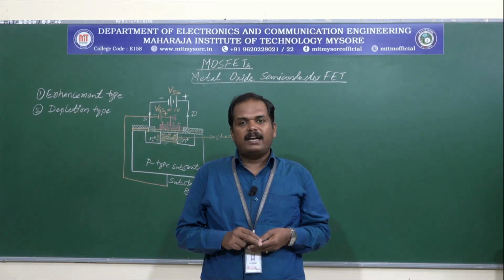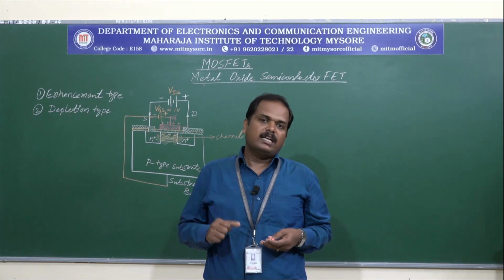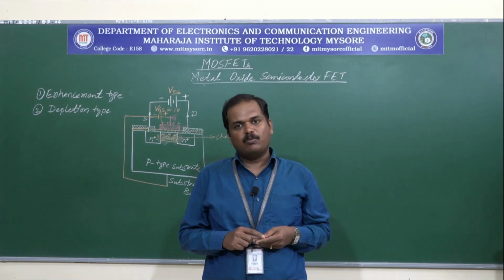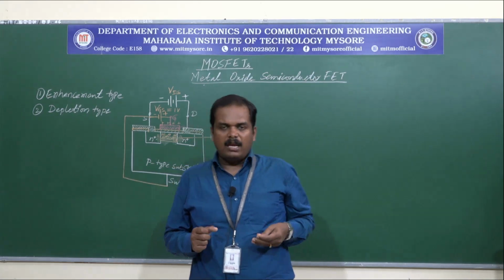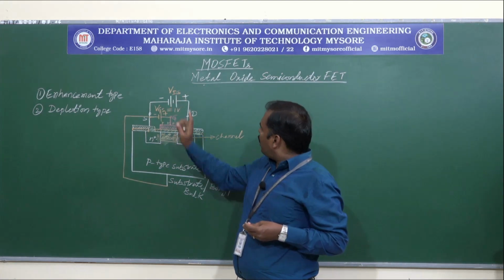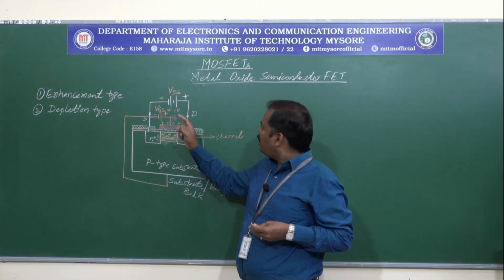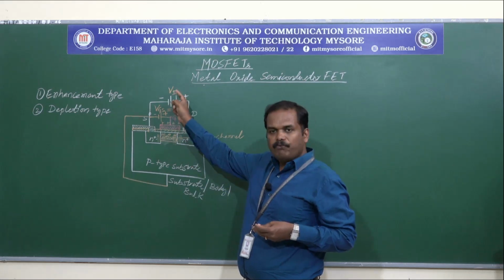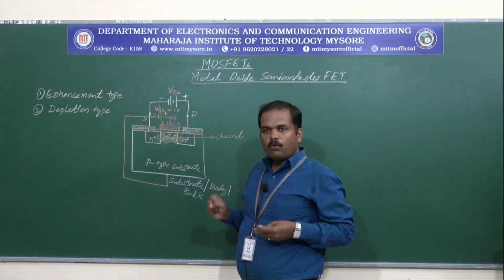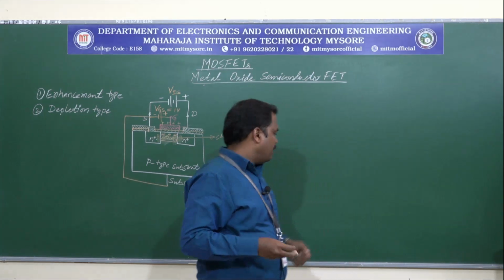And now we will understand the drain characteristics and transfer characteristics of the N channel enhancement mode device. What we learn in the drain characteristics is how IDS, the drain current, is going to be varied as we increase VDS for different voltages of VGS. So that is what we will be understanding.